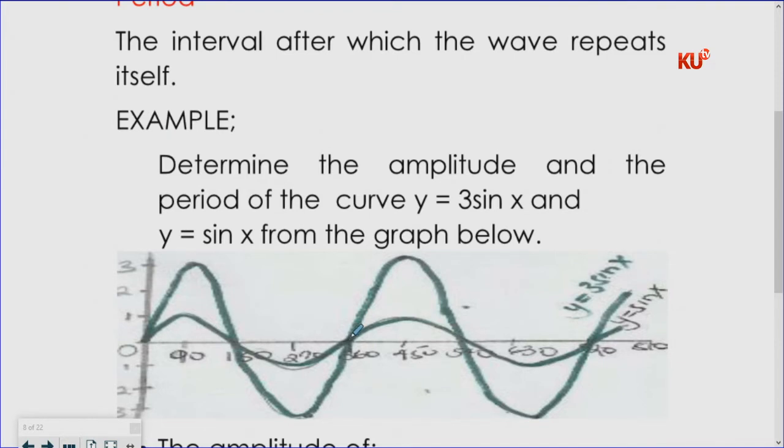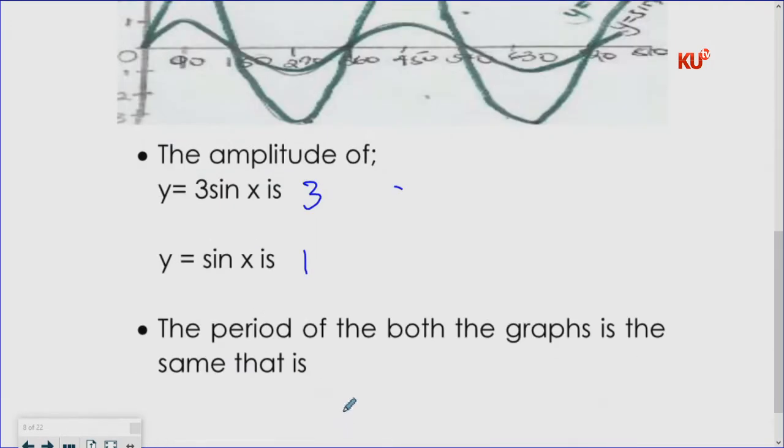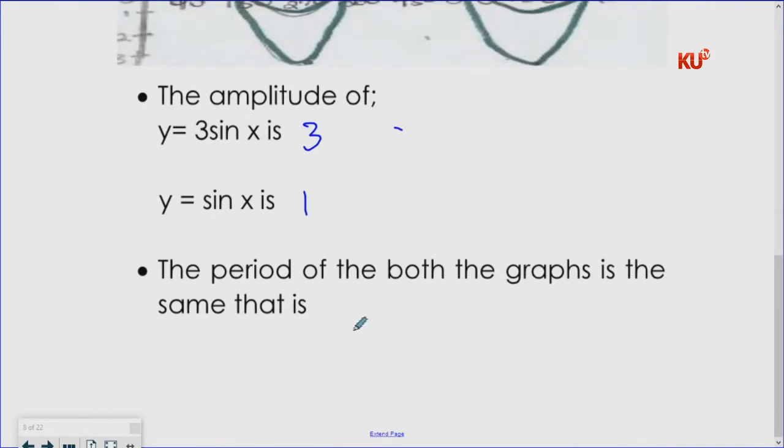So that means the two waves have the same period, which is 360 degrees, or you can say 2 pi radian. You did this again in form 3, where we were saying 2 pi radian is equivalent to 360 degrees.